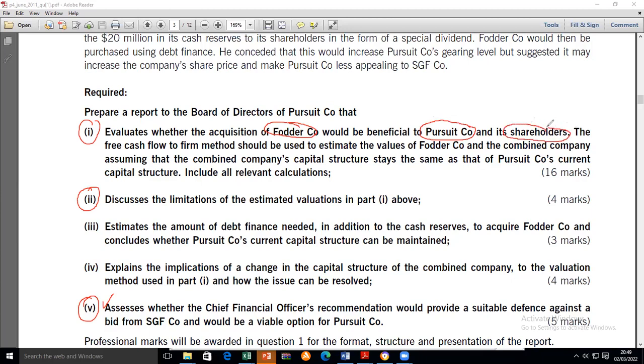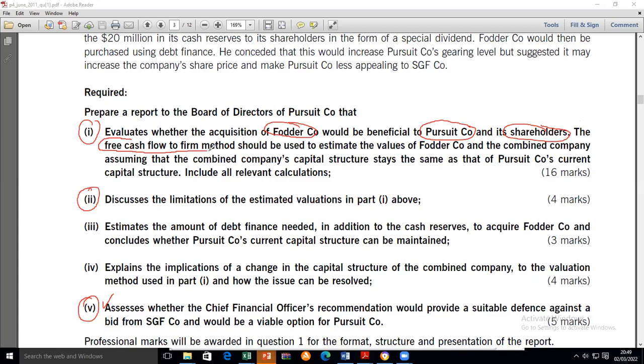This is a modern question, which has been repeated a number of times. For you to answer it, you need to use appropriate valuation methods. How? The question says the free cash flow to firm method should be used.